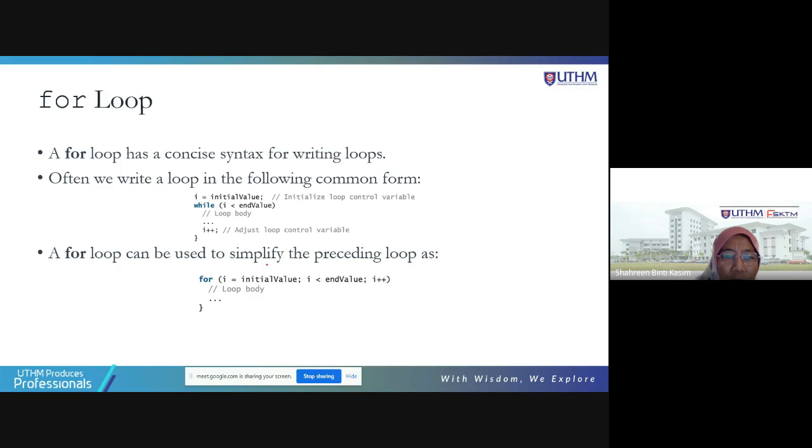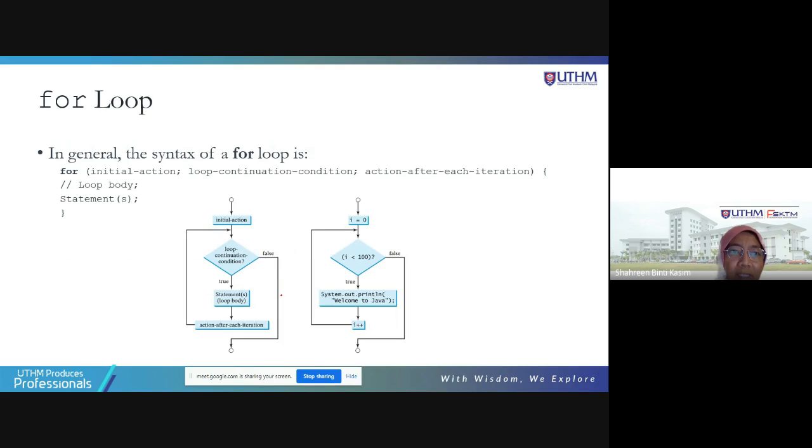A for loop can be used to simplify the preceding loop: i equal to initial value, i less than the end value, and i plus plus, then the loop body.